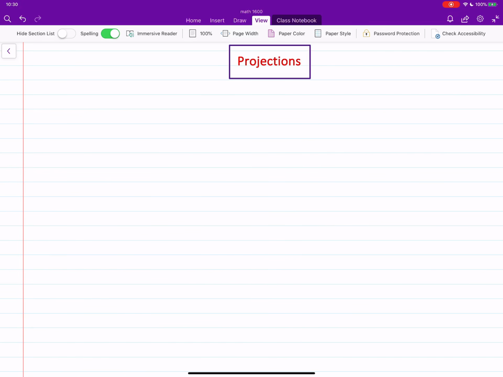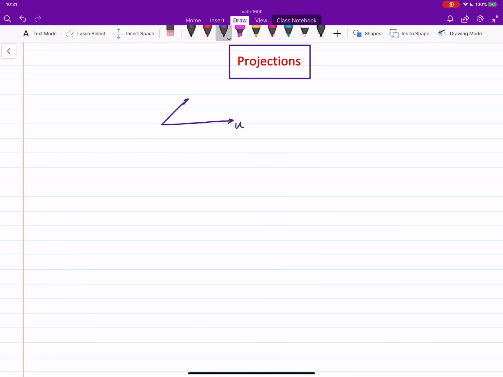Hi, in this video we will learn about projection of a vector over another vector. What is the setting? The setting is that we have two vectors, u and v.